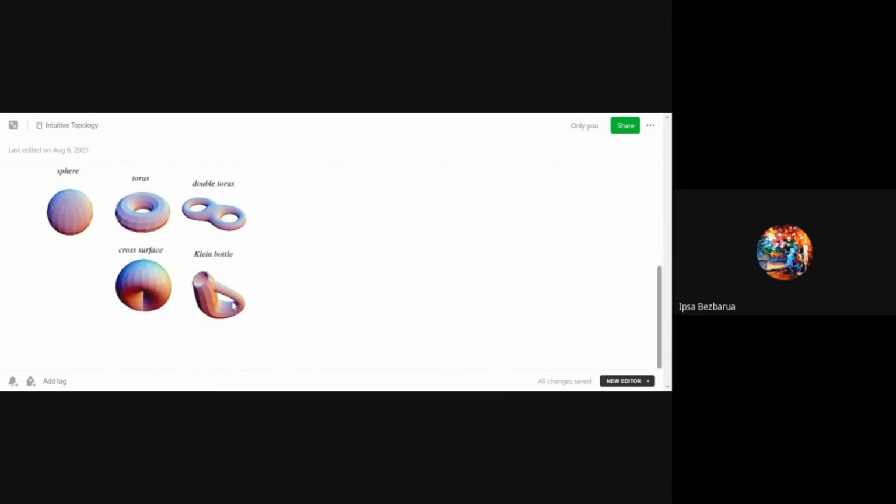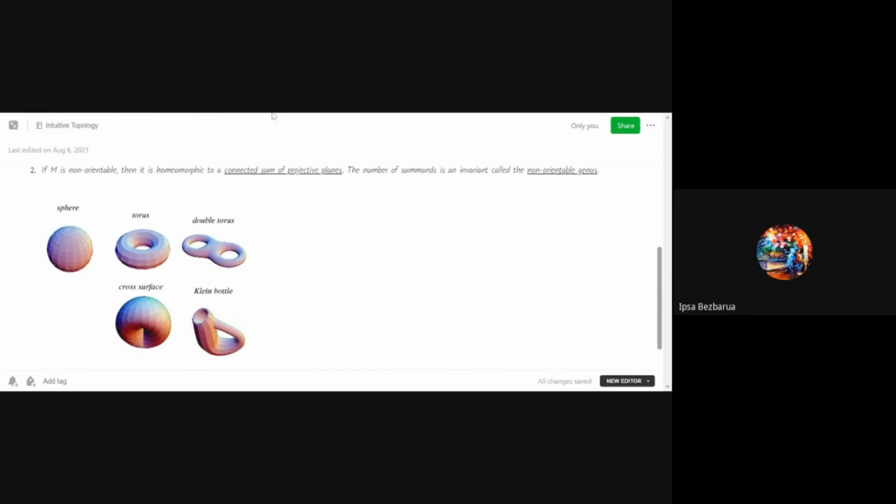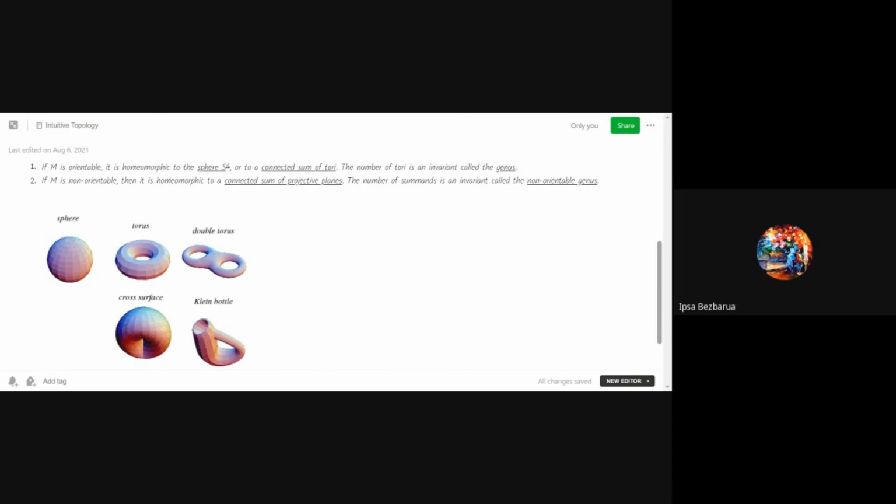And here is my very famous Klein bottle. And I don't know if you guys know this, but the Klein bottle is actually obtained from the connected sum of two projective planes. There are cool YouTube videos of that, which you can check out.